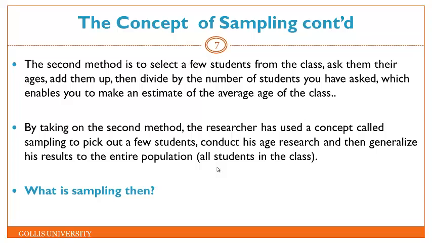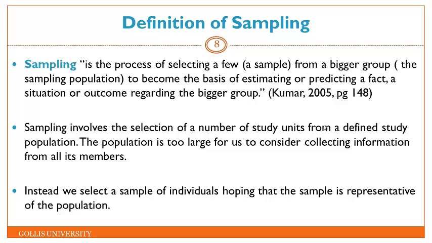So what then is sampling? Sampling, according to Kumar 2005 in his book, page 148, he defines sampling as the process of selecting a few, a sample, from a bigger group. That bigger group he calls the sampling population, to become the basis of estimating or predicting a fact, a situation, or outcome regarding the bigger group.